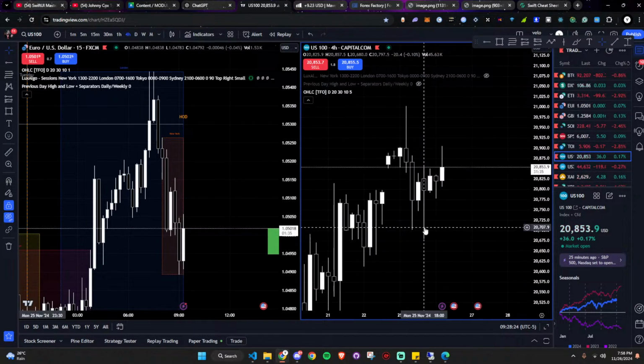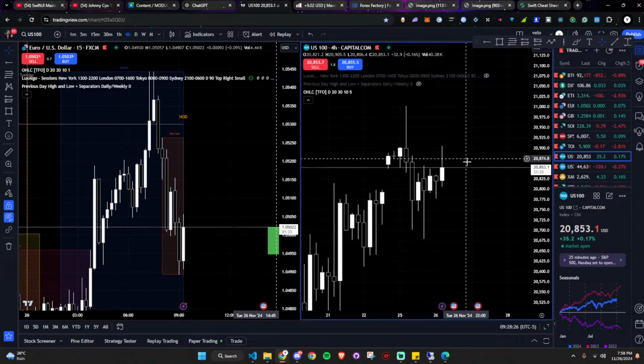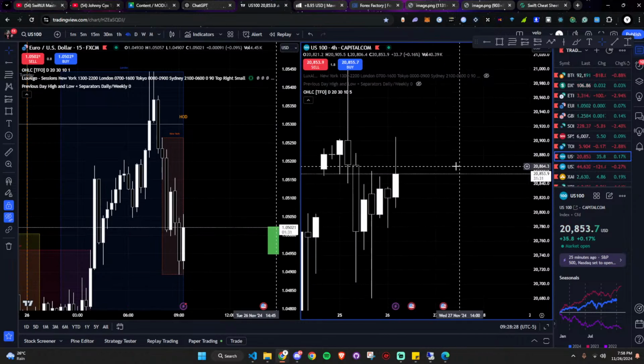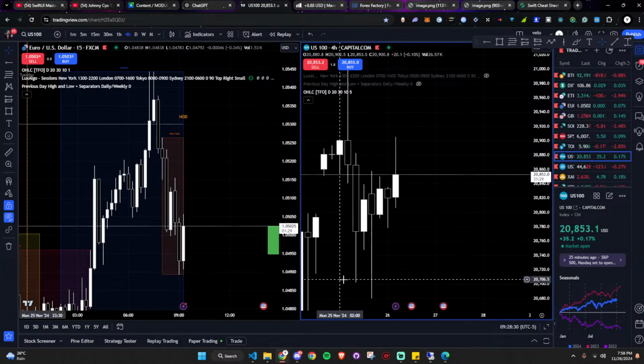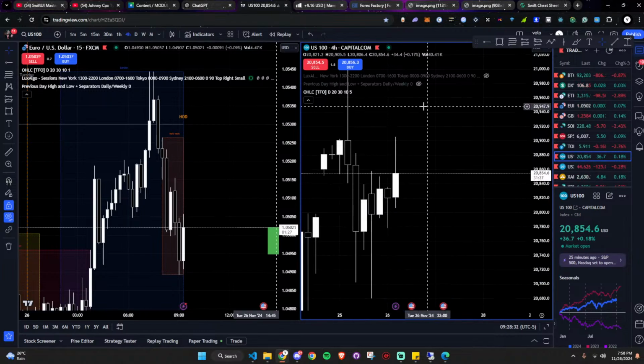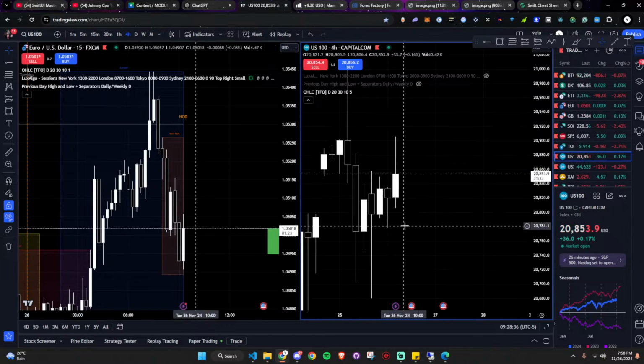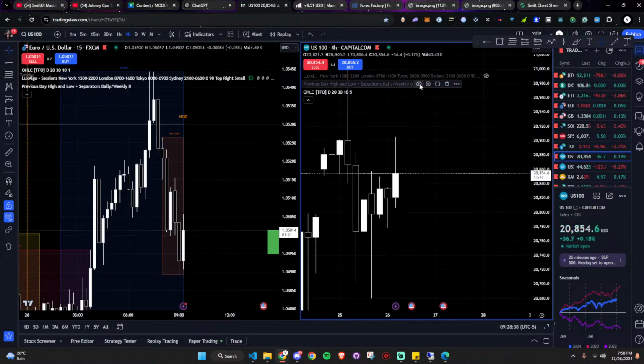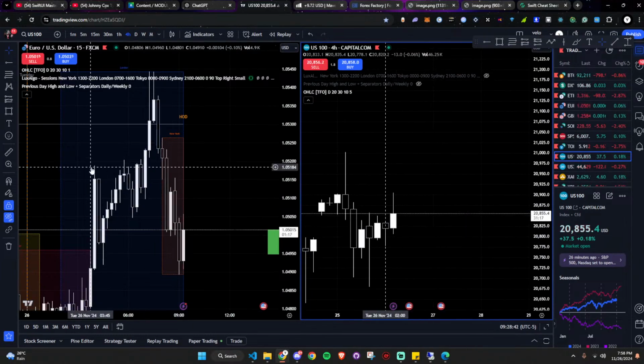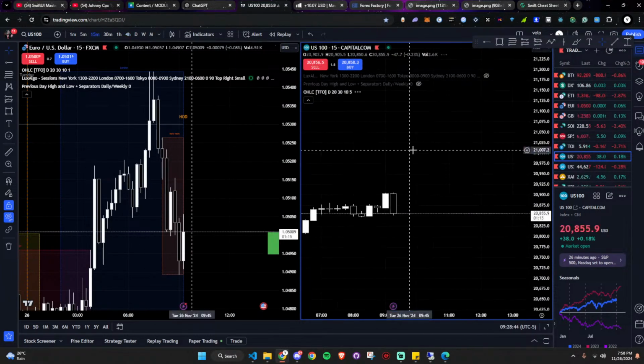These lows were taken out, and then should impulse. Maybe we'll close in this range or somewhere here, and then maybe even take out this low and then impulse right after. I'm not too sure yet.